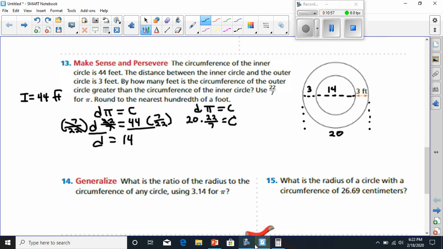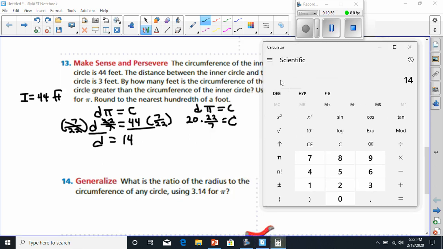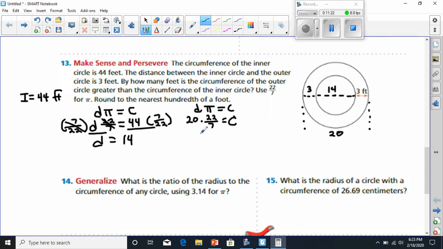Or I can use my calculator again, and I see that I have 20 times 22 divided by 7. That means, let's see, it says round to the nearest hundredth of a foot. Okay, if I do that, that's going to be 62.86. 62.86 will be my circumference.